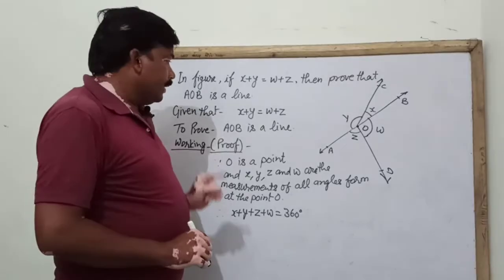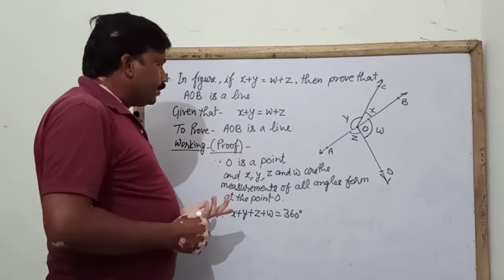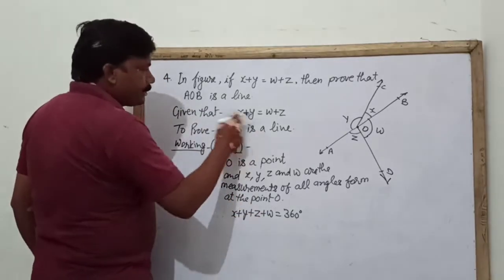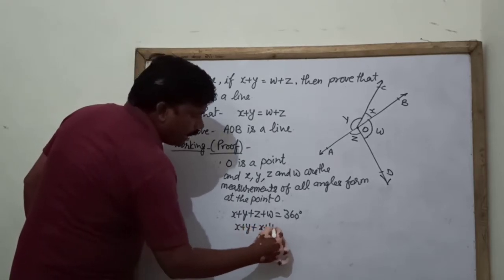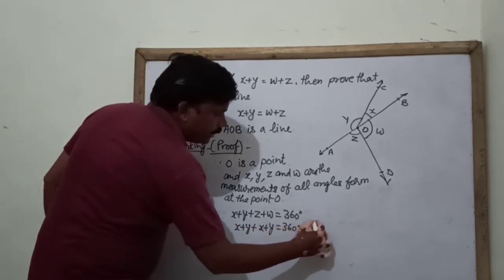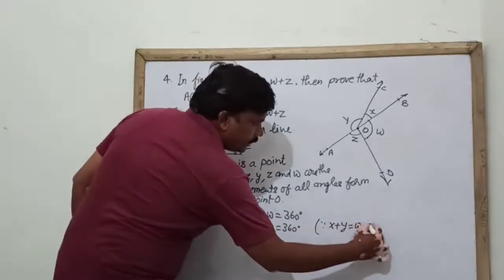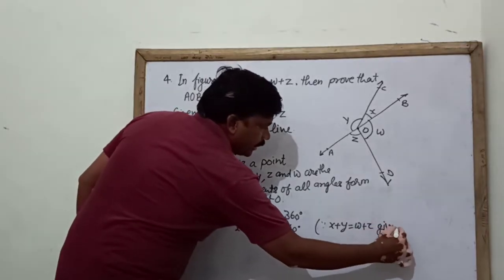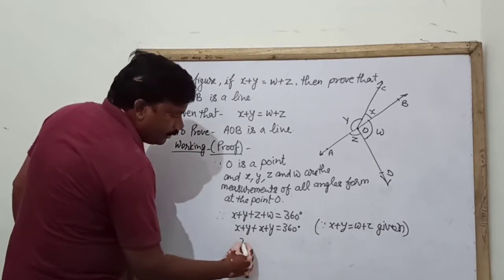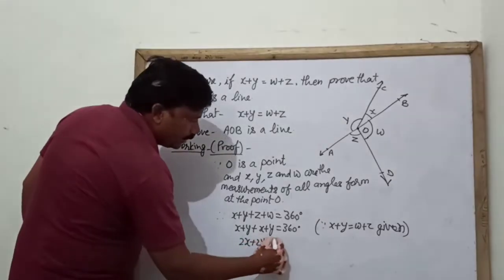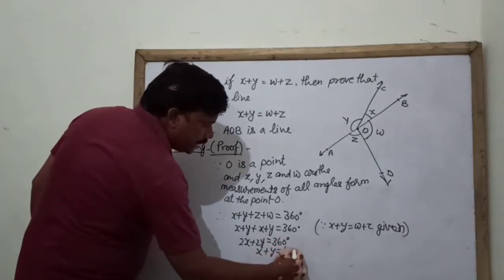But we know that it is given x plus y equal w plus z. We can put here w plus z equal x plus y. So x plus y plus x plus y equal 360 degree. Since x plus y equal w plus z is given, then 2x plus 2y equal 360 degree, then x plus y equal 180 degree.